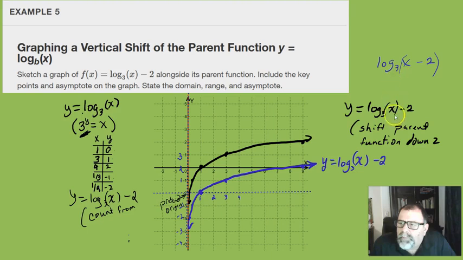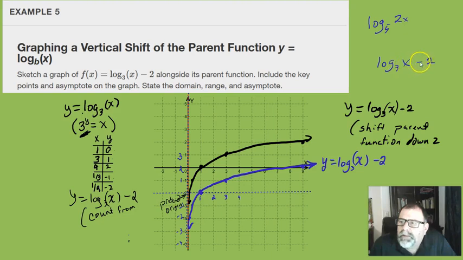So if I don't write parentheses, I'm assuming the parentheses are around just the x. Unless it's multiplied. So if I had log base 5 of 2x, whether I write parentheses or don't, that means the same thing. So 2x with or without the parentheses means the same thing.